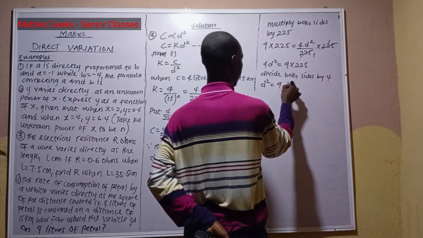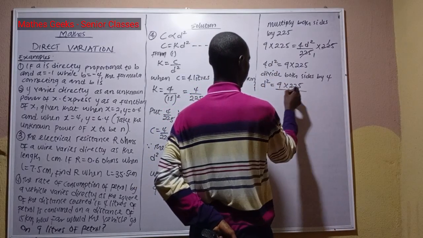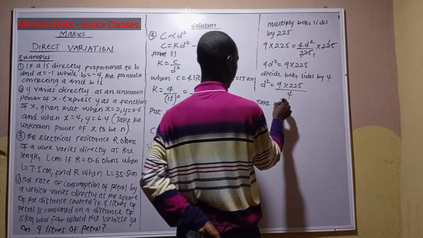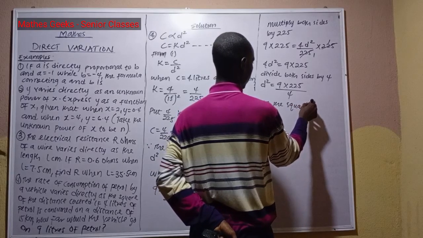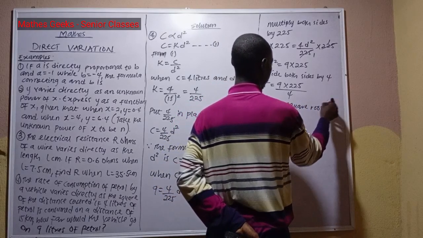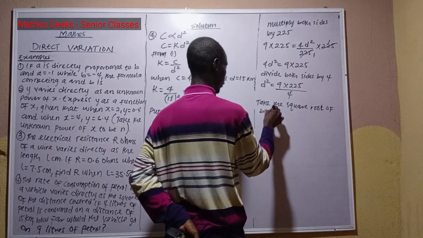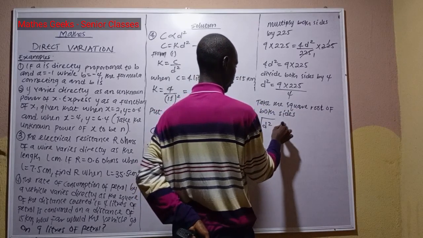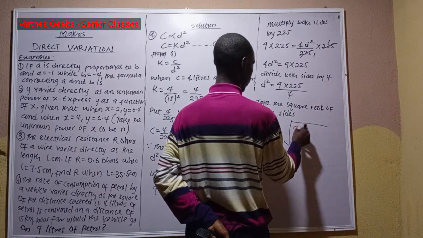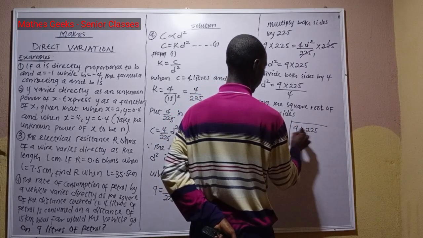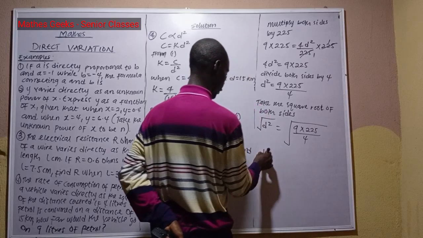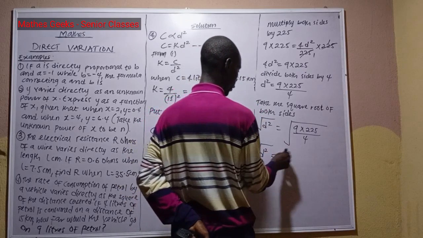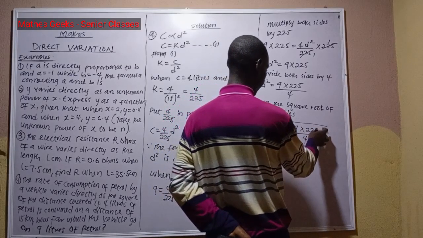D squared equals 9 times 225 over 4. So take the square root of both sides.